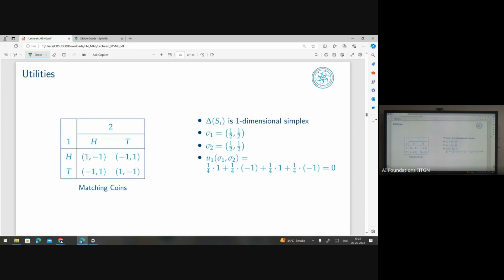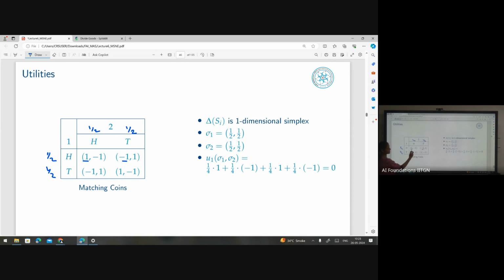So what would be the utility of player 1? If both players are playing both strategies with probability half, what is the probability that H and H happen? Half into half, which is 1 by 4. So player 1 is going to get 1 with probability 1 by 4. Similarly, every other strategy profile will also happen with probability 1 by 4.